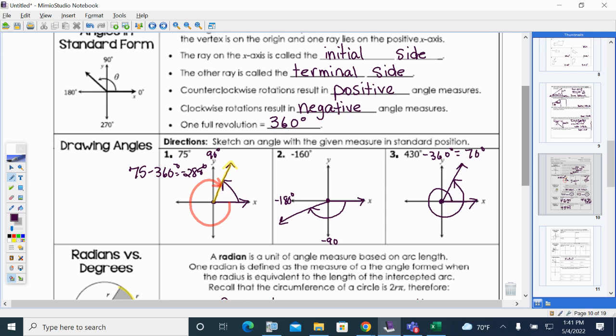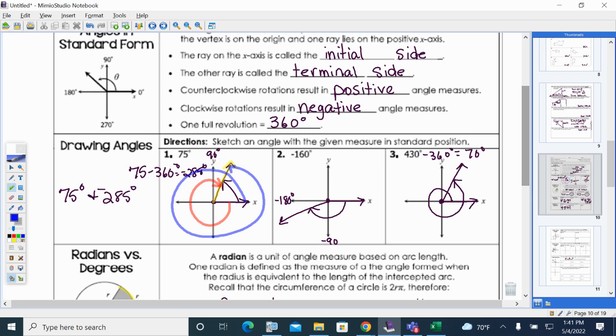So that is a negative 285 degree angle. That's a coterminal. So 75 and negative 285 are what we would call coterminal angles because they have the same terminal side. The angle itself in a coordinate plane in standard position hasn't changed, hasn't moved, but you've got another angle measure. One other way to look at this is if instead of stopping, I just kept going all the way back around to that same terminal side.